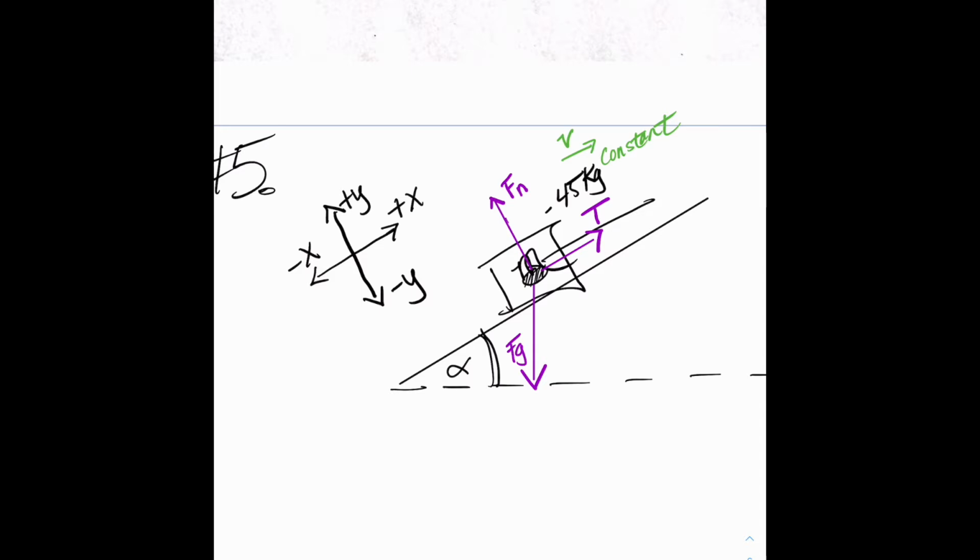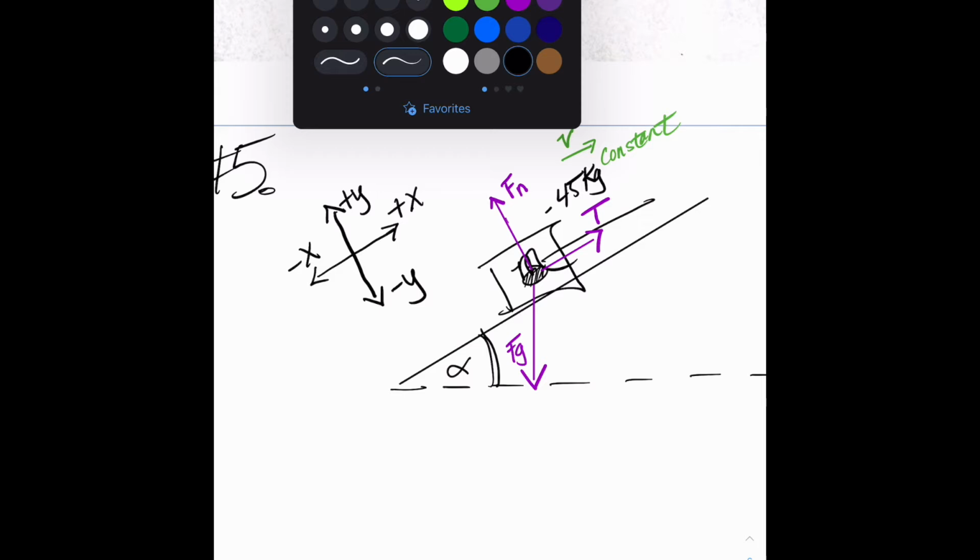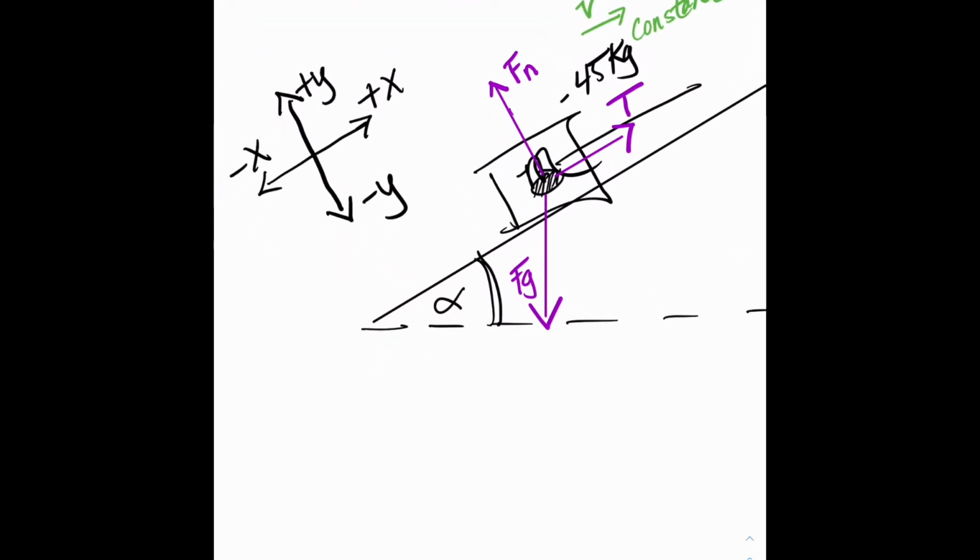So now Fg is going to require components that agree with our new axis system. If we look at that, we can see that a piece of Fg is going to point and oppose force normal.